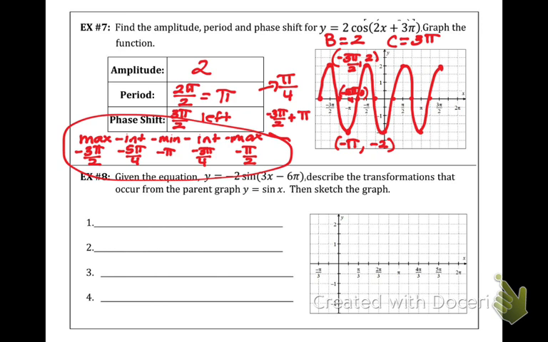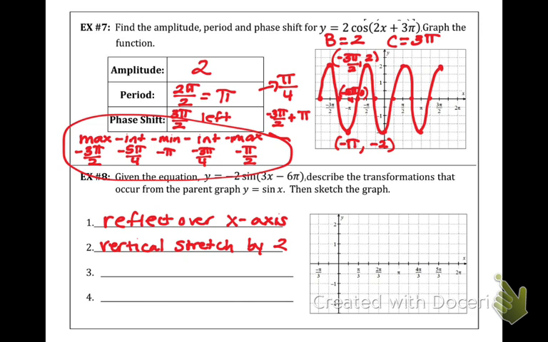Okay, Example 8. Given the equation y equals negative 2 sine of 3x minus 6 pi, now we're reflecting it, describe the transformations that occur from the parent graph. Then sketch it. So we definitely have a reflection over the x-axis. We have a vertical stretch by 2.